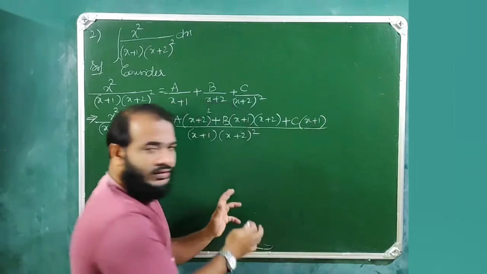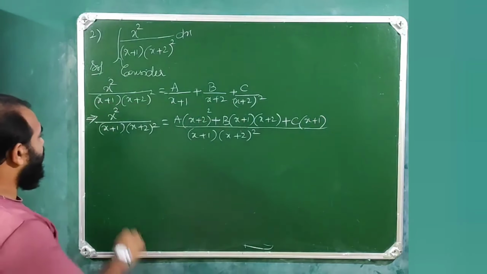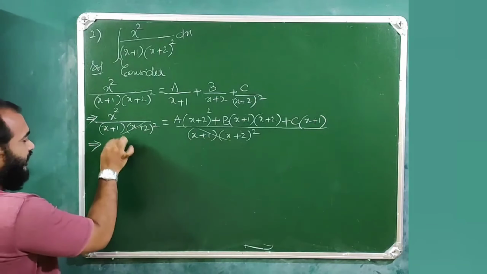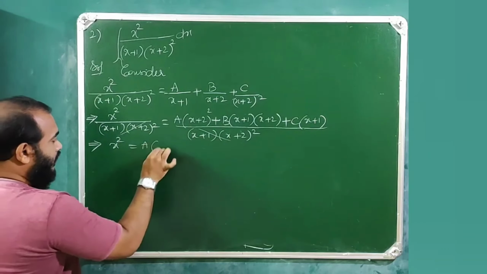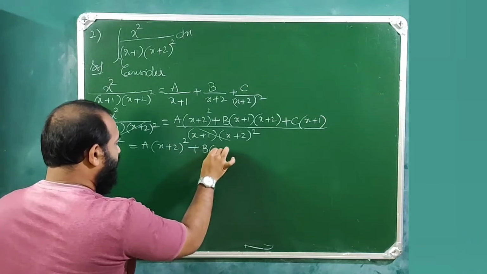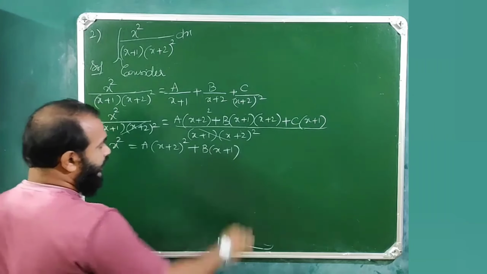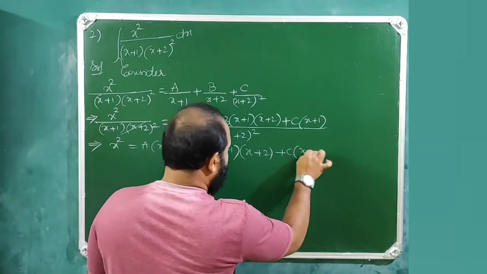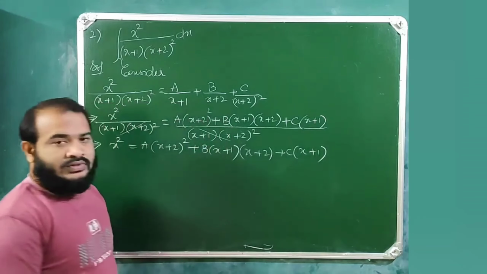I'm just doing the LCM, that's it. Now this on both sides gets cancelled. We are left with x square equals A into (x plus 2) whole square plus B into (x plus 1) into (x plus 2) plus C into (x plus 1).